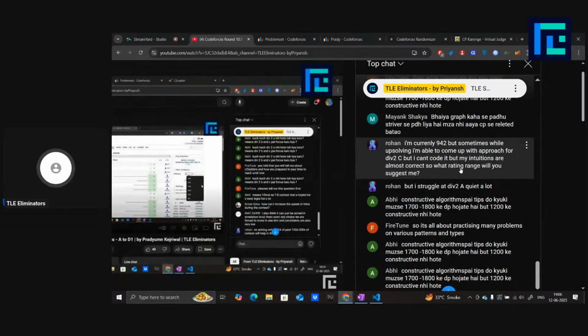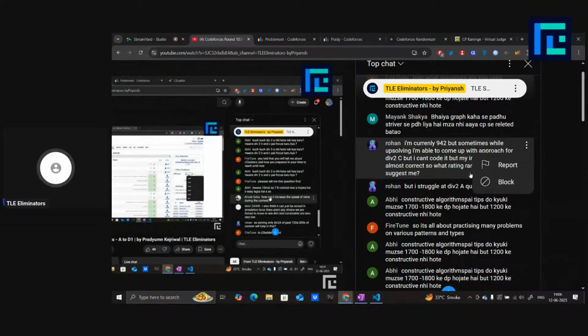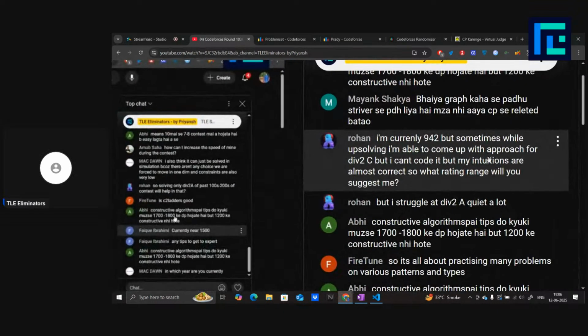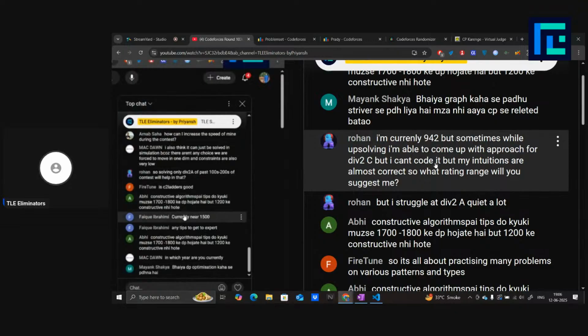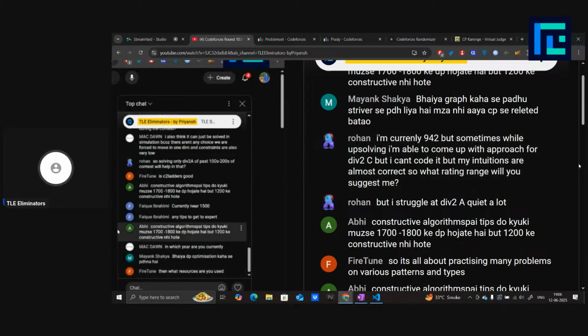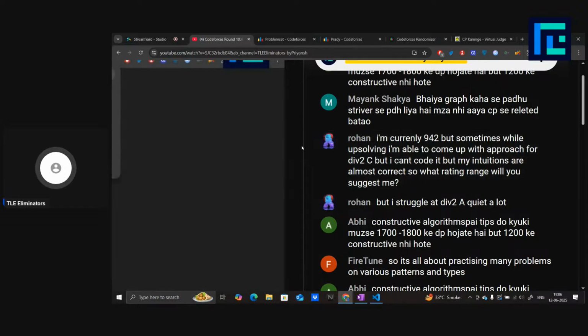So for the rating range, see, intuition is nothing. If intuition comes but you can't code it, that is fine. I don't care. As long as you can't code it, you should solve those problems. Let's say you can do 1200, intuition comes, but the code doesn't happen, then solve 1200 only.